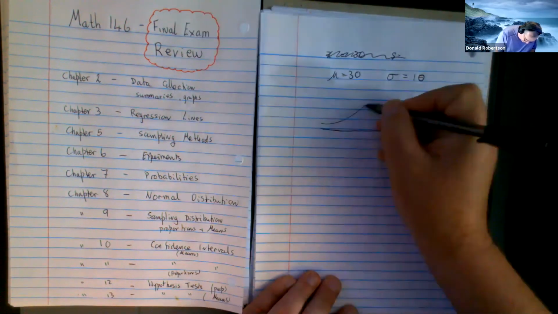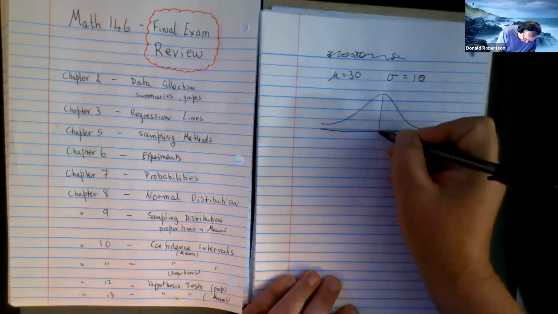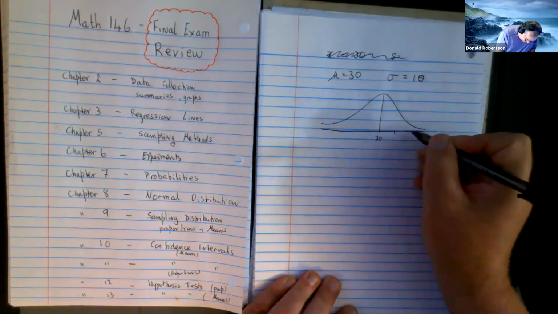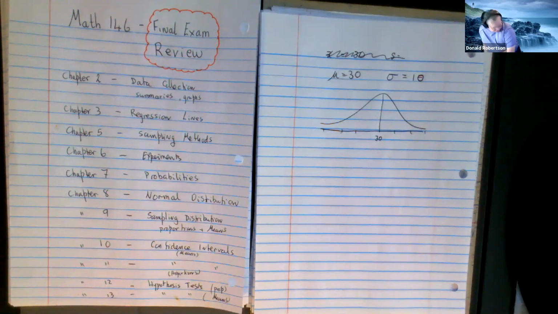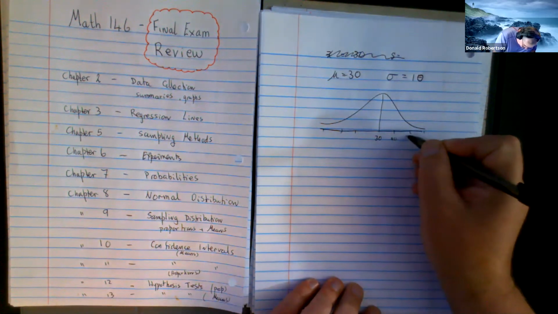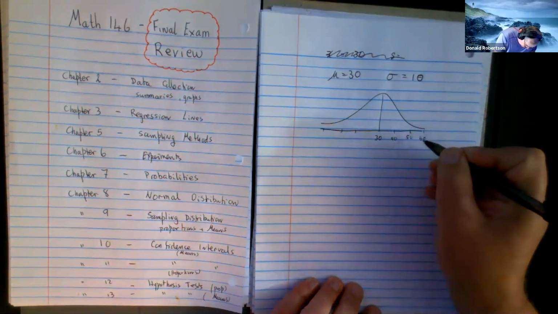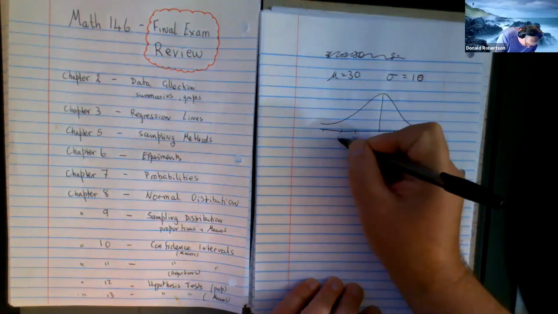You can do one of these fellas. Right in the middle goes 30. Can you remember the 1, 2, 3 standard deviation normal distribution thing? In this case, 40, 50, 60, 20, 10, 0.